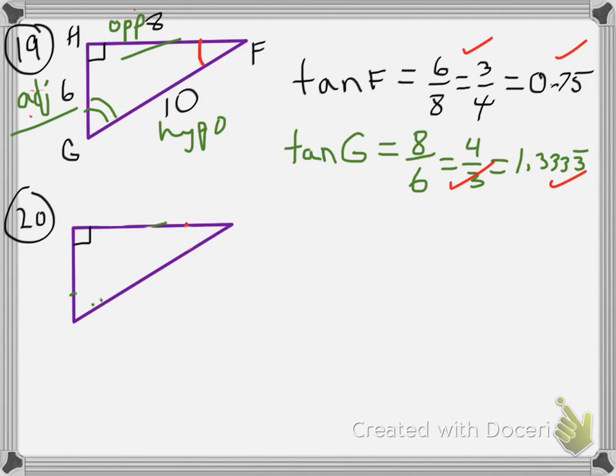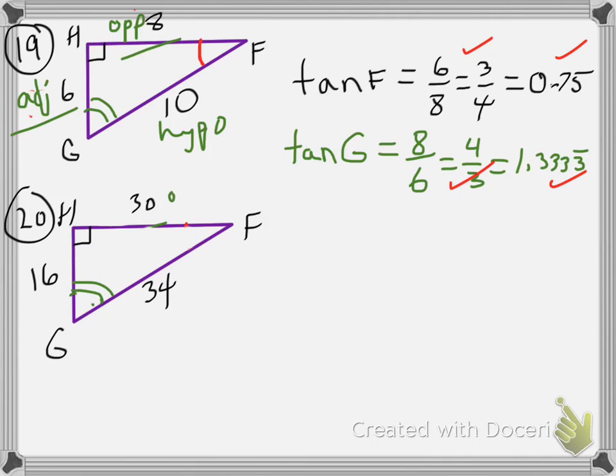Okay, I just copied the picture from number 19, but it has different numbers on it, but otherwise it's the same. So you have F, G, and H. And they changed the numbers to 16, 30, and 34. And again, this time they want the sine of G and the cosine of G. So let's do that. Here's G. I'll put that one in green.